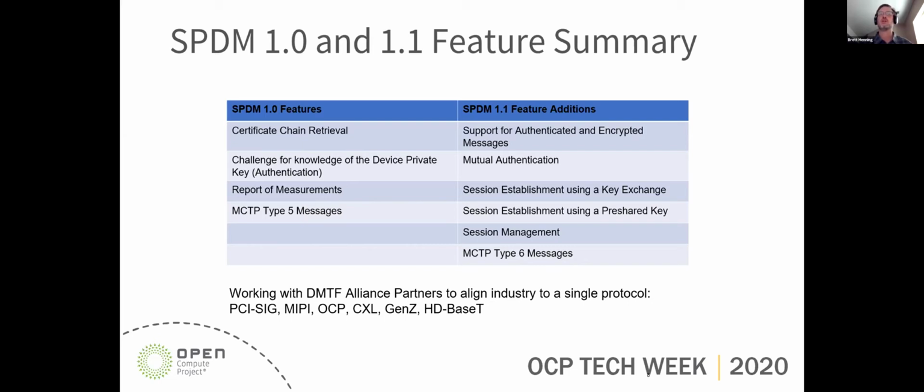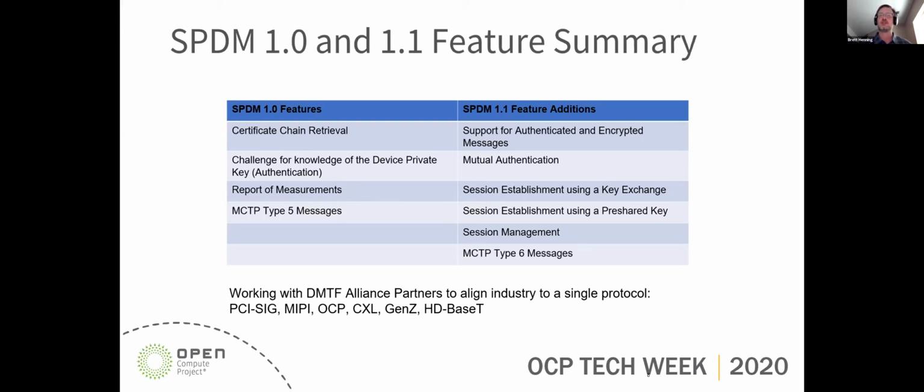In 1.0, there is support for certificate chain retrieval and challenge based on those certificate chains, and then an ability to report measurements. This is all captured in what we call MCTP type 5 messages. For SPDM 1.1, there were a number of feature add-ons, primarily in the area of encryption and authenticated messages.